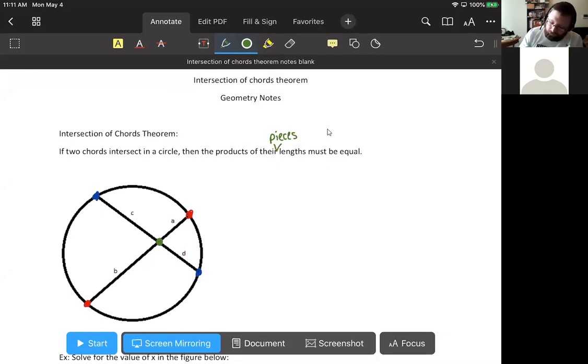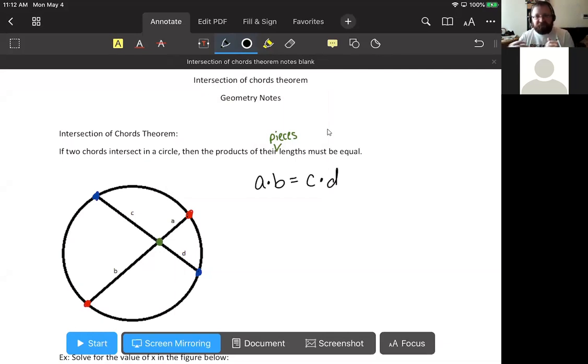Okay, so when we're looking at this picture here, the red diagonal is broken into two pieces, one that is length A and one that is length B. And the blue diagonal is broken into two pieces, one of which is length C, the other of which is length D. What this rule is stating, okay, is A times B is equal to C times D. It's that simple.